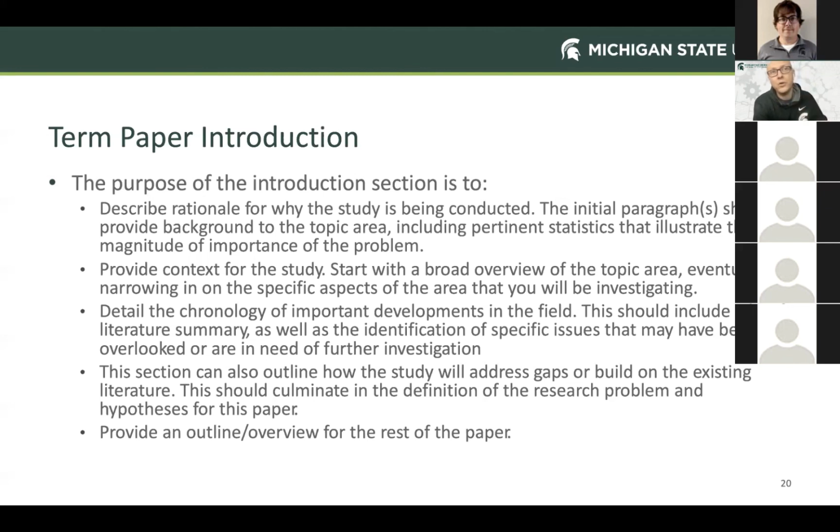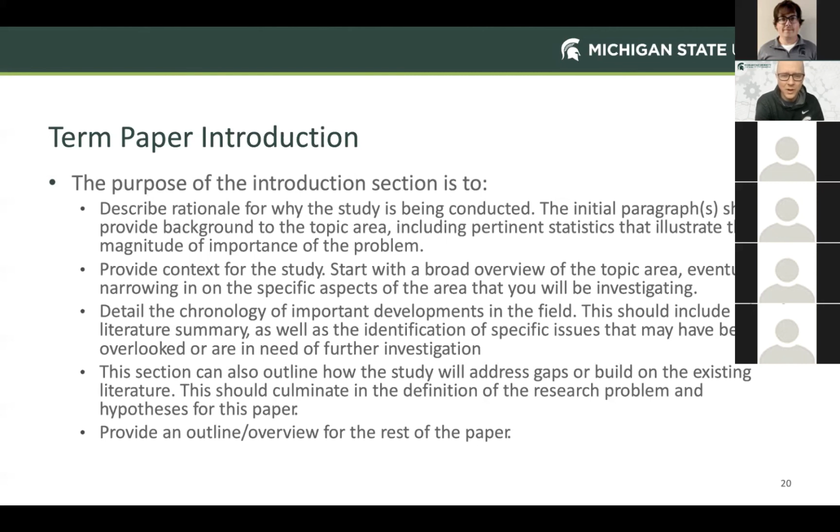And I should also note for the term paper, these are largely intended to be just check-ins. So I'll go through and give you high-level feedback on the direction you're going with the paper. Depending on how many other deadlines I have that week, I may get very detailed with editorial comments and technical writing and things of that nature.